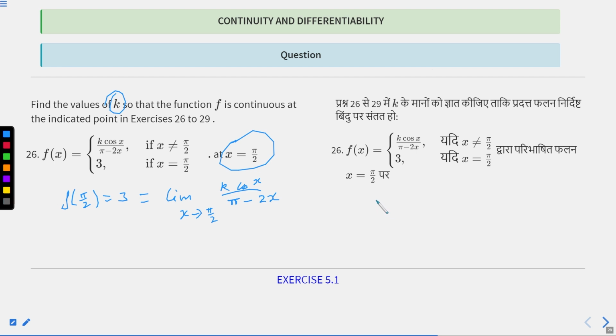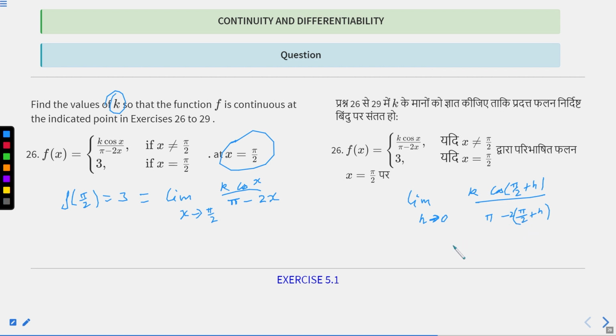So one thing is very clear, that I can break this thing with h tends to 0, such that k cos of (pi by 2 plus h) divided by pi minus 2 times (pi by 2 plus h). This sort of thing I can do.